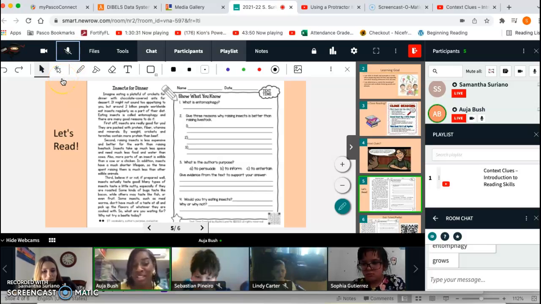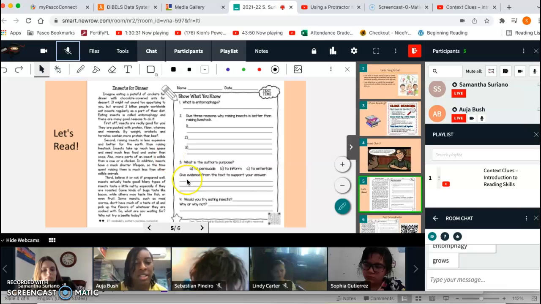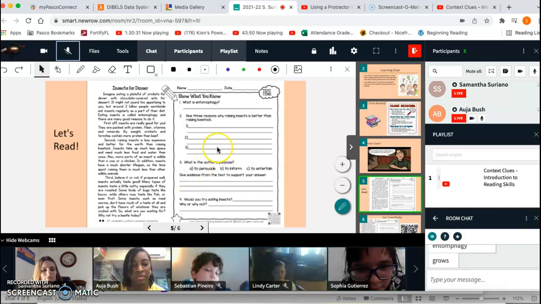Okay, so using context clues, if we look at this sentence, someone want to read it starting at eating insects? Okay, Sophia, you want to give it a try? Eating insects is called entomophagy. Good.